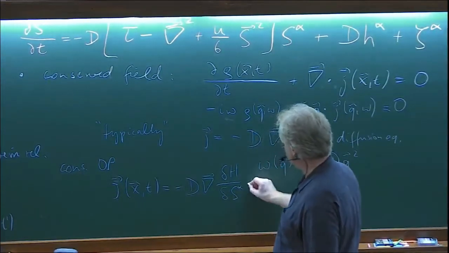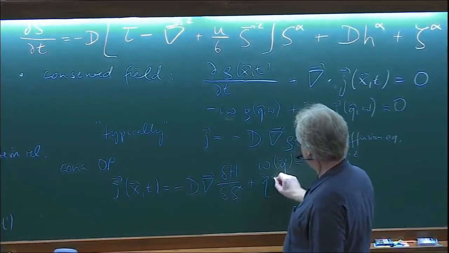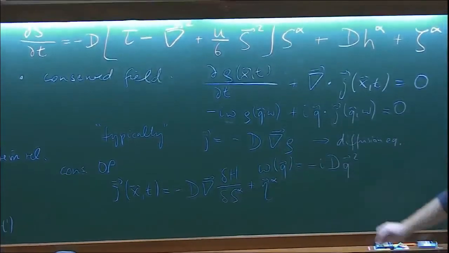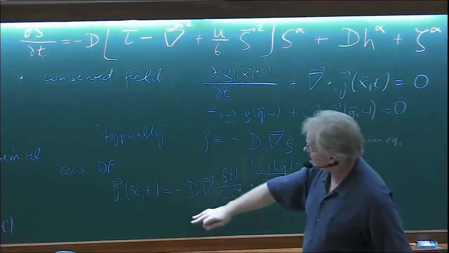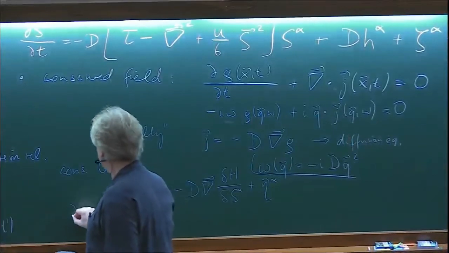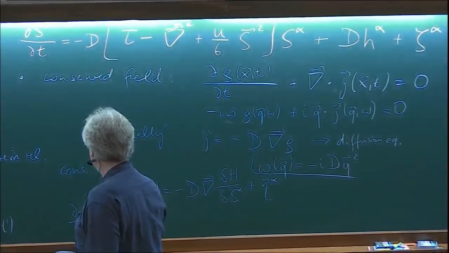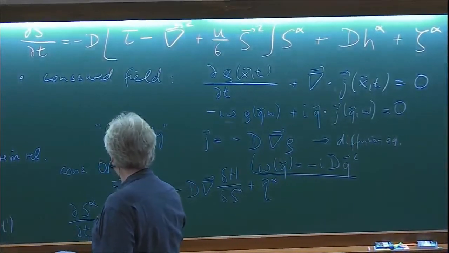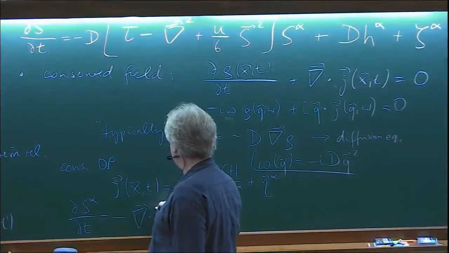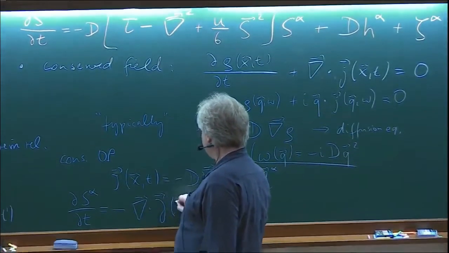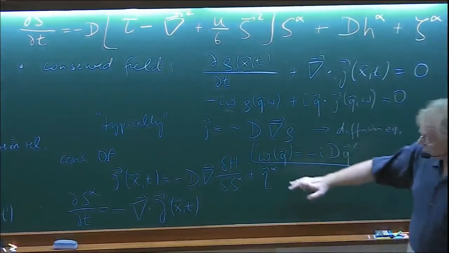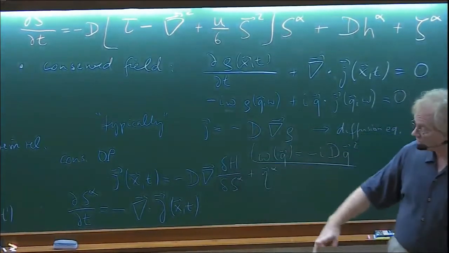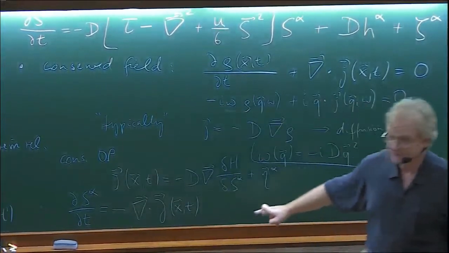And in here, you would have potentially also a noise field. So I would now write down an equation for dS alpha by dt, which is the divergence of this current. Okay? So my noise needs to show up in the current, so overall I still have this conservation law.